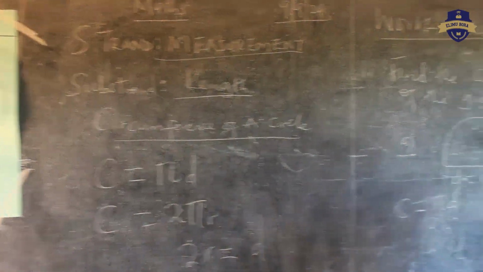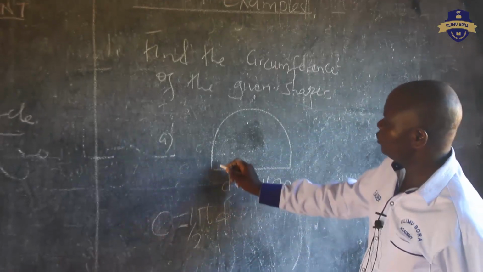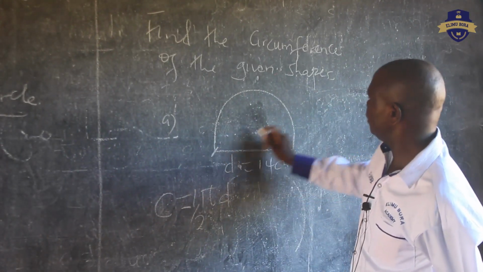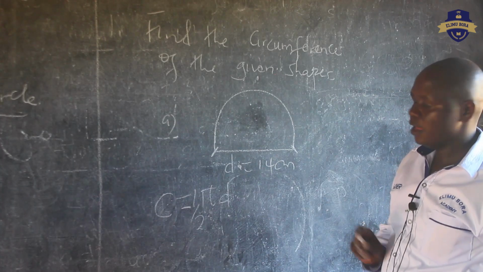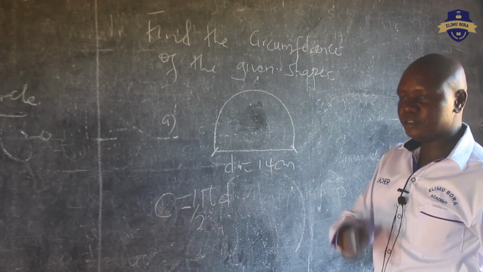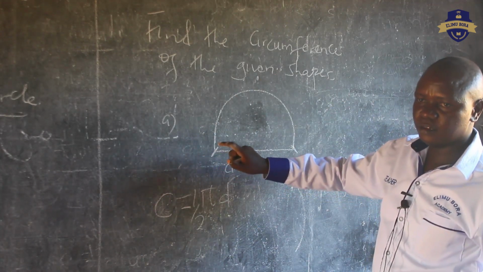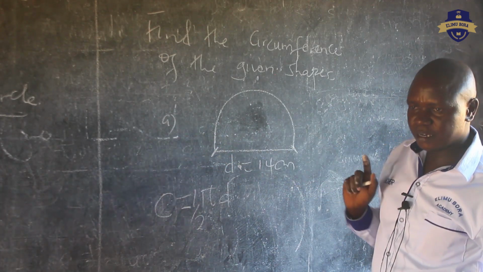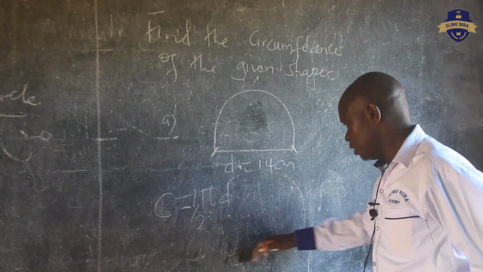Are we together? Now, after getting that circumference, it means you have got the distance from this point up to here. Are you getting it? Meaning, again, you need to add the diameter. Because circumference is the distance around a given figure. Now don't just tell me a half pi d and work it out to give the answer.